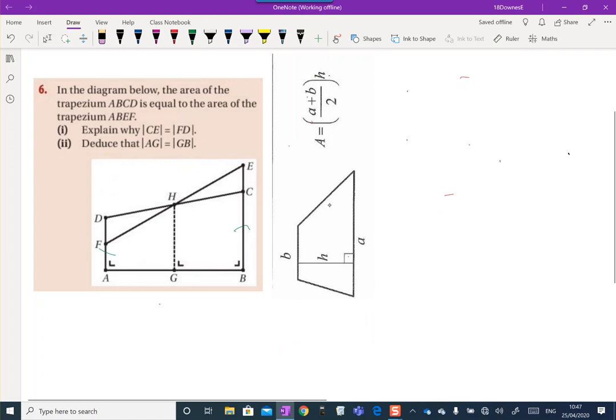Basically what I'm saying is, there's a midline here, sorry, not a baseline, a midline here, and it's common to both. It has to be common to both because the height in this case is that, and it's the same for both trapeziums. Okay, so that's that.